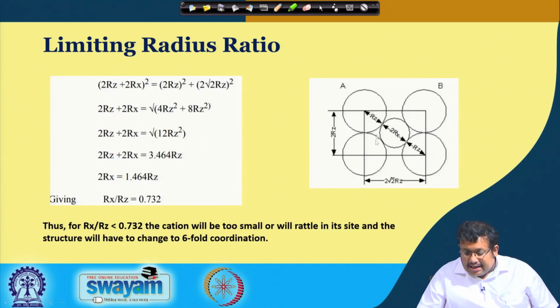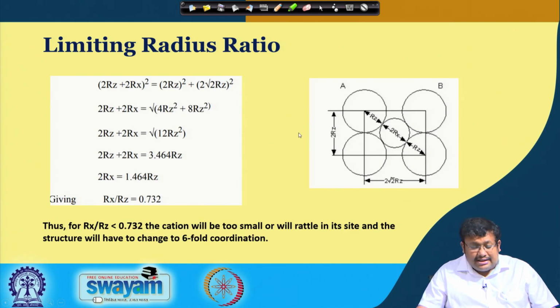If you see this picture, it will be clear that these are the 4 anions with the radius of Rz. The distance between these two horizontal lines is basically 2 Rz, which is the combination of their radii, and if we consider Rx as the radius of the cation, the total distance from here to here will be basically 2 Rx.